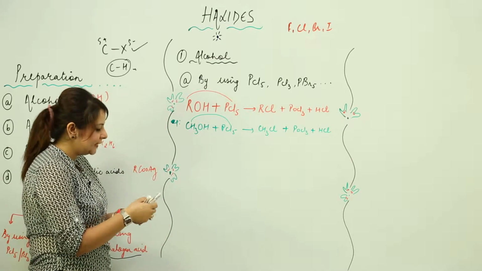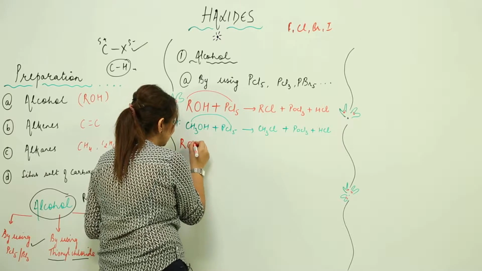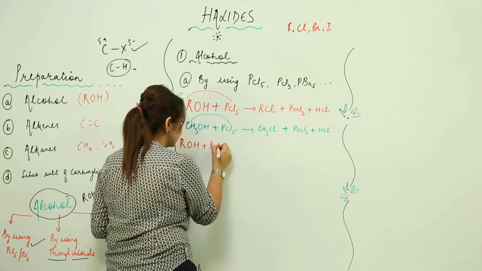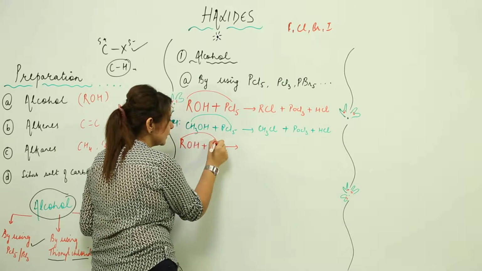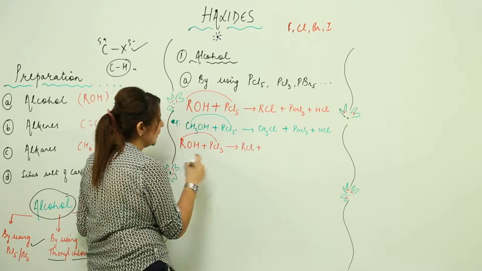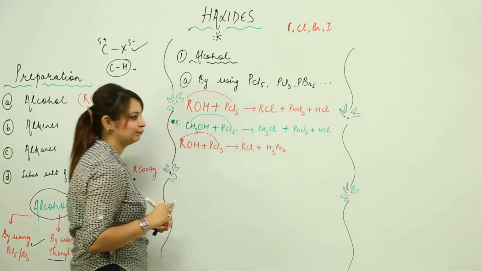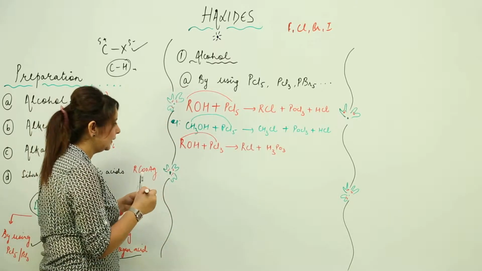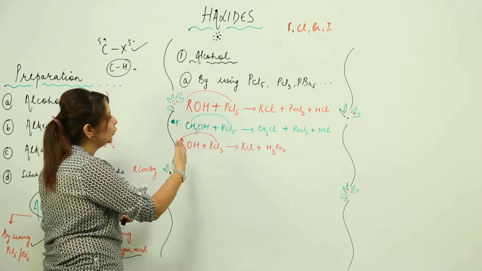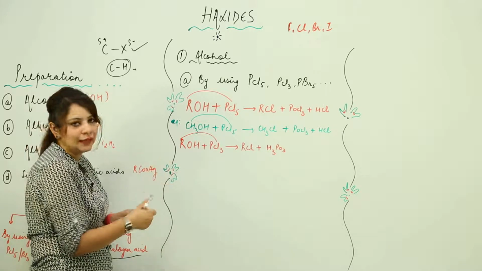So as I took PCl5, likewise I can take PCl3 also. So let's write the general reaction for that. So again RX, that is RCl, and the byproduct in this case will be phosphorous acid, right. So this is the reaction by which we can use the PCl3 and add it into alcohol and we get the alkyl halide.